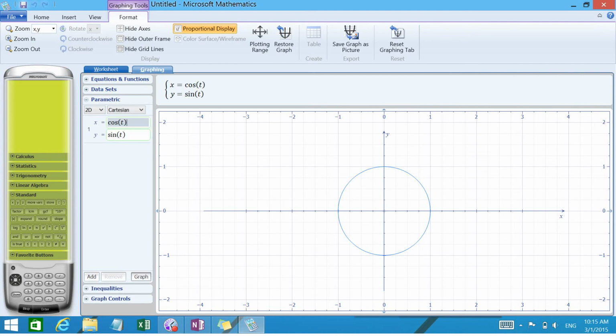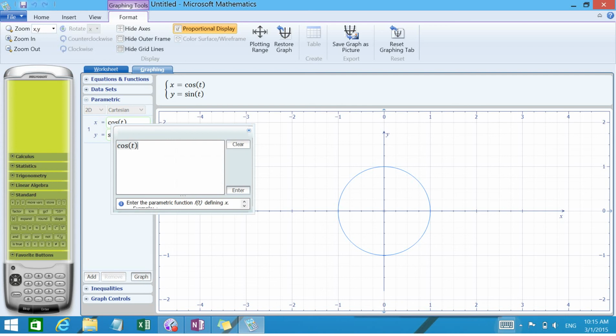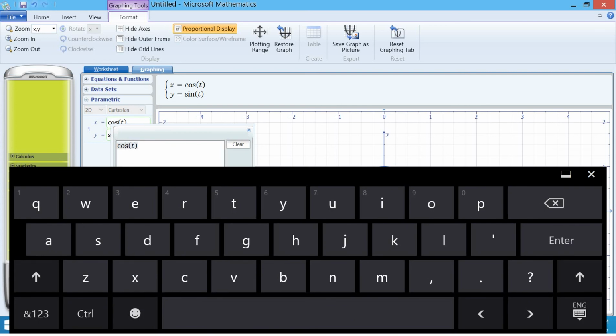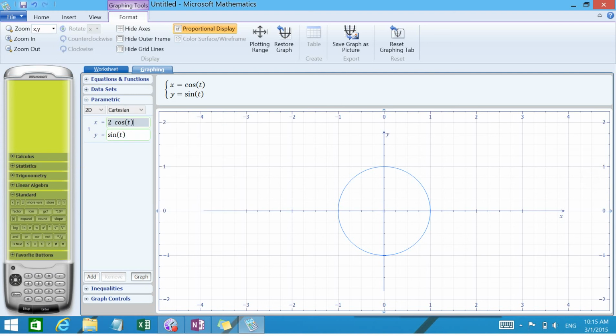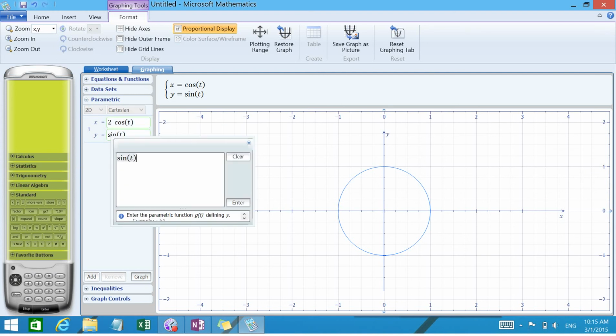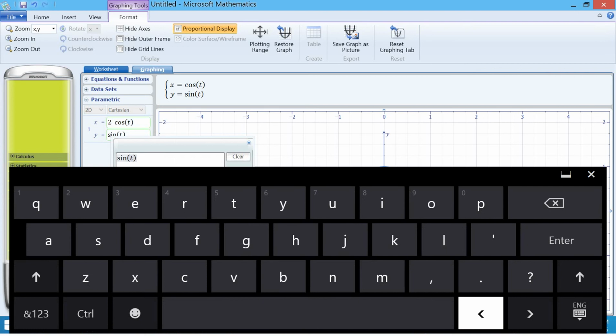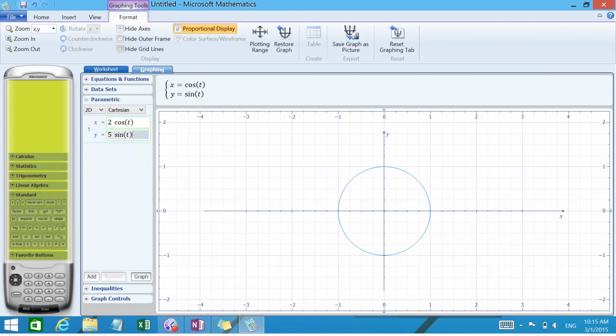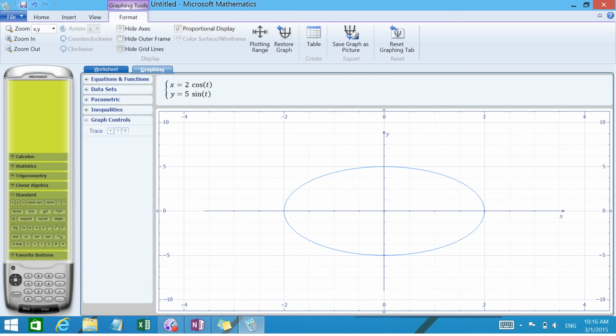So we'll jump back to the parametric equations, and now x is not just cosine, it's actually 2 times cosine. And y was 5 times sine. Okay, and if we graph these, well, we don't get a circle anymore, we get an ellipse.